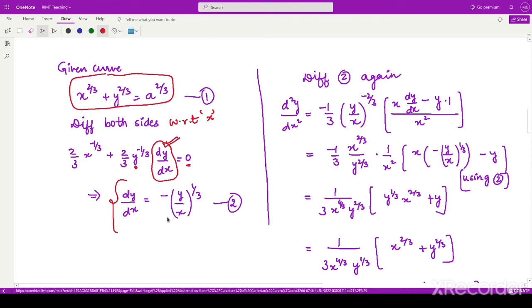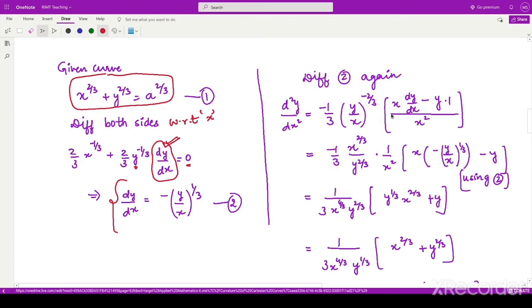Next we shall differentiate it again. When you differentiate this quantity again, this side becomes the double derivative. On the right hand side we have the derivative of this power first. So 1 by 3 comes here, and then we have y by x raised to power minus 2 by 3, and then the derivative of this y by x.